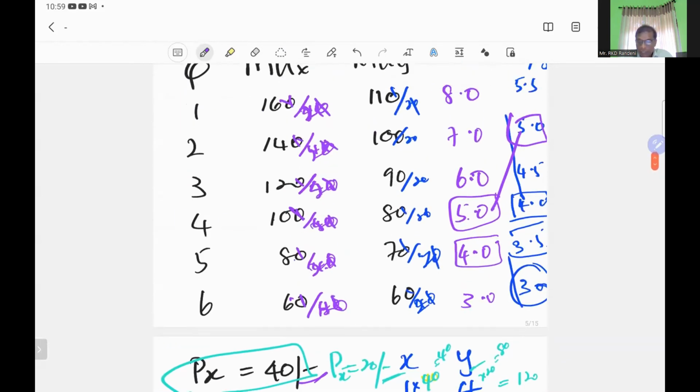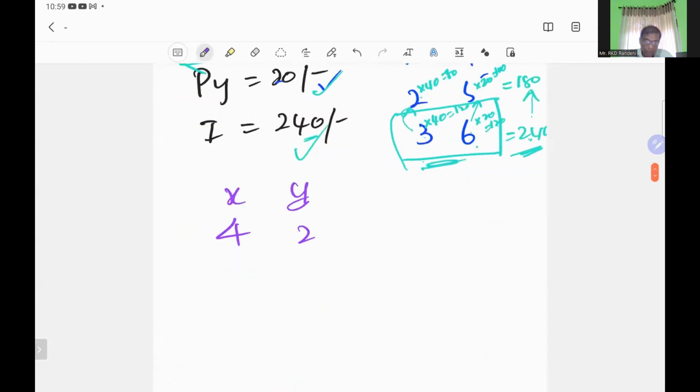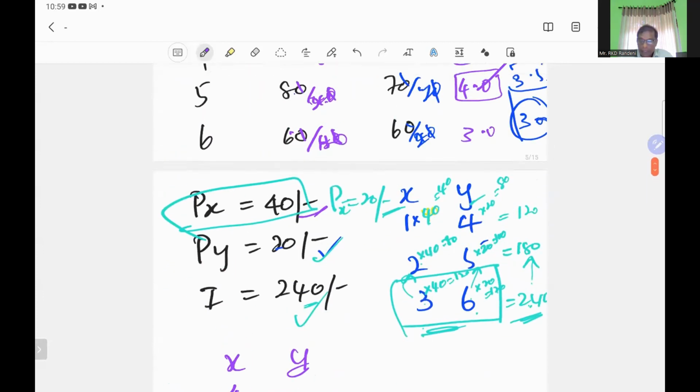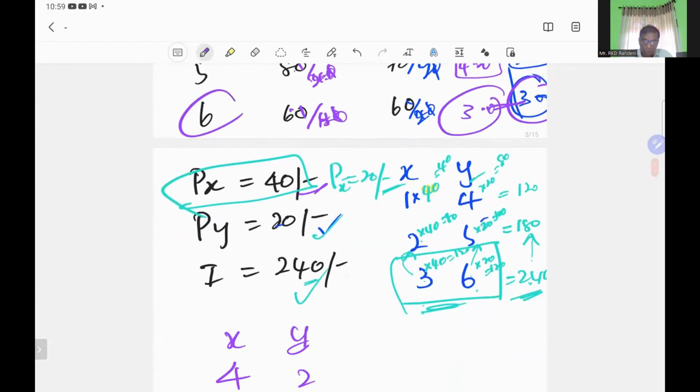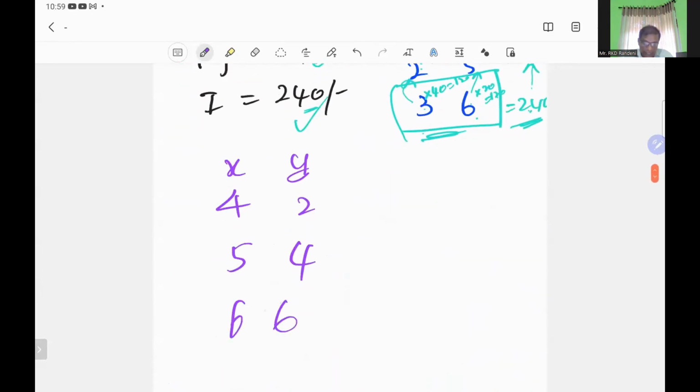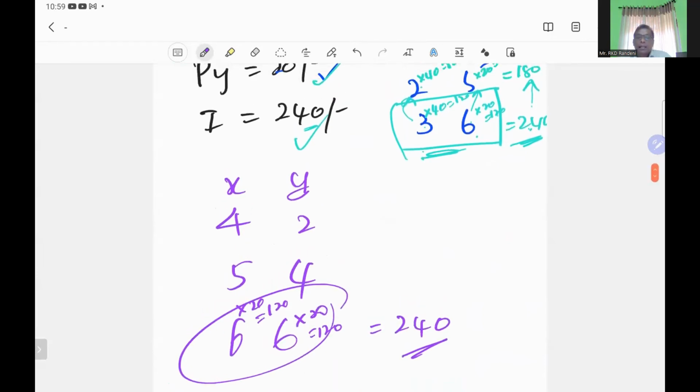Then another commodity bundle, 5, 4. Then here 3, 6. Uniform both. Right? Here 20, here 20, here 120, again 120, 240. This is the commodity bundle.